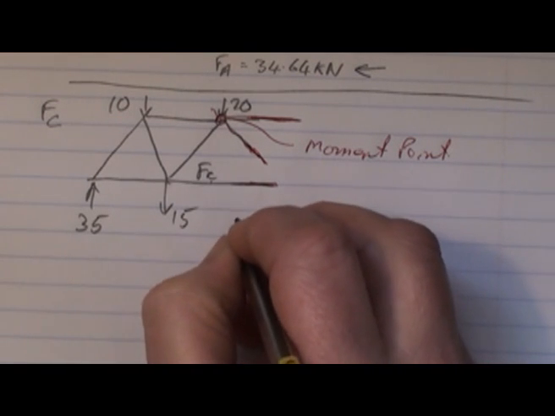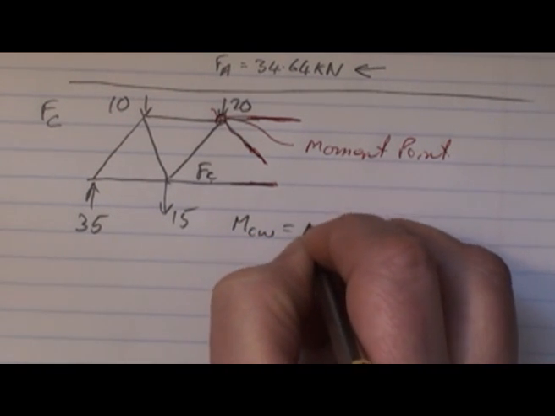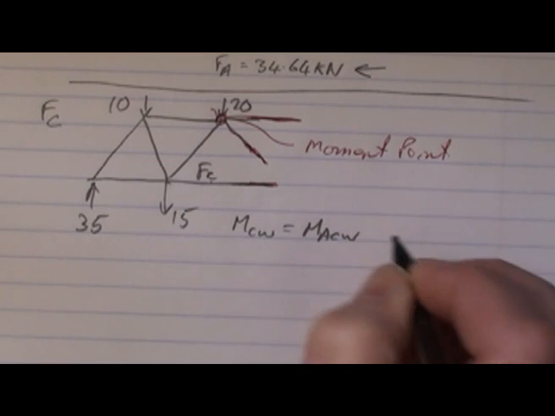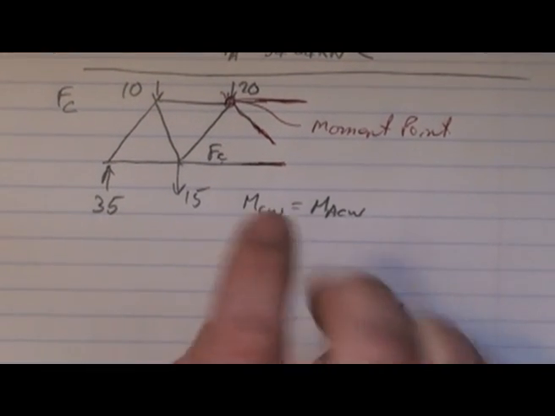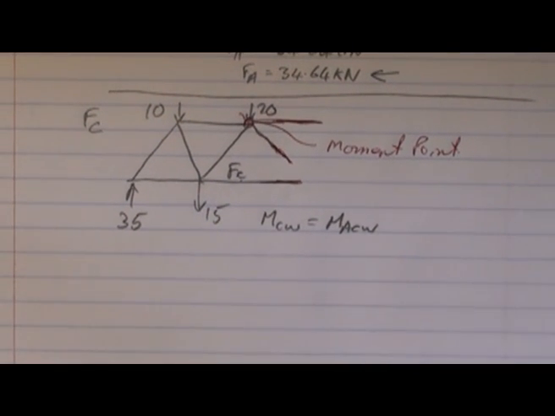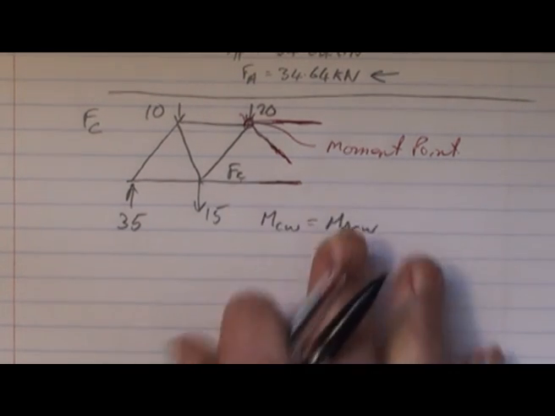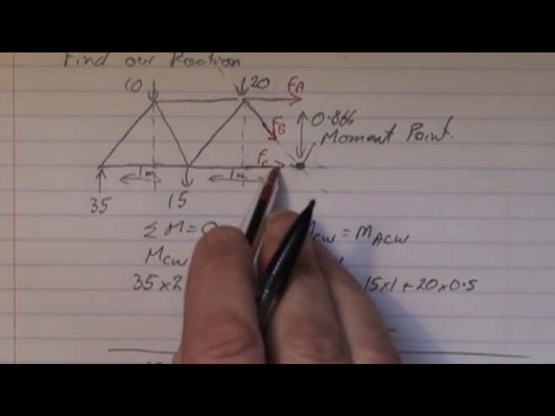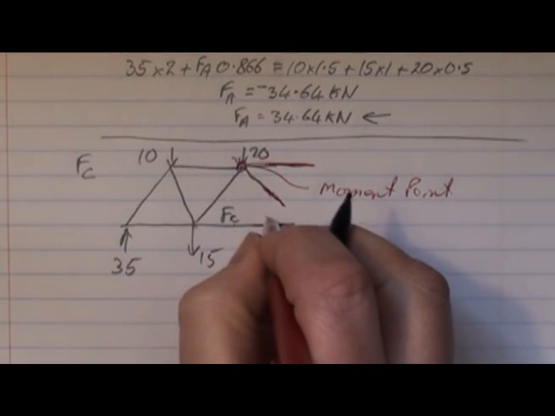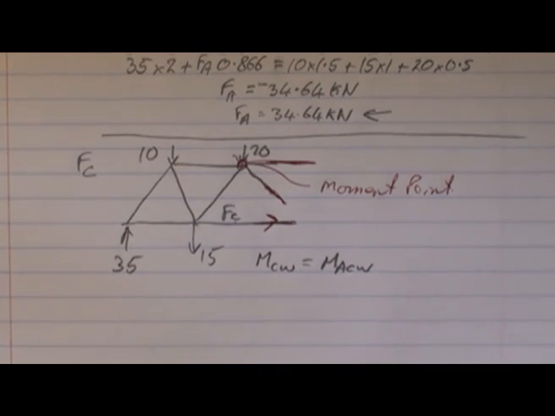So again, moments clockwise, moments anti-clockwise. Clockwise moments, we need to actually just check FC. We said FC on this diagram was going left to right, so we'll put that down there.